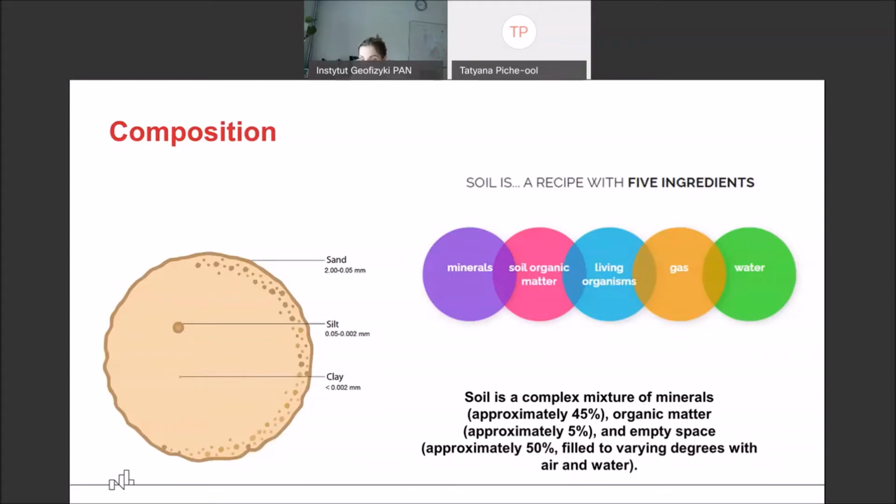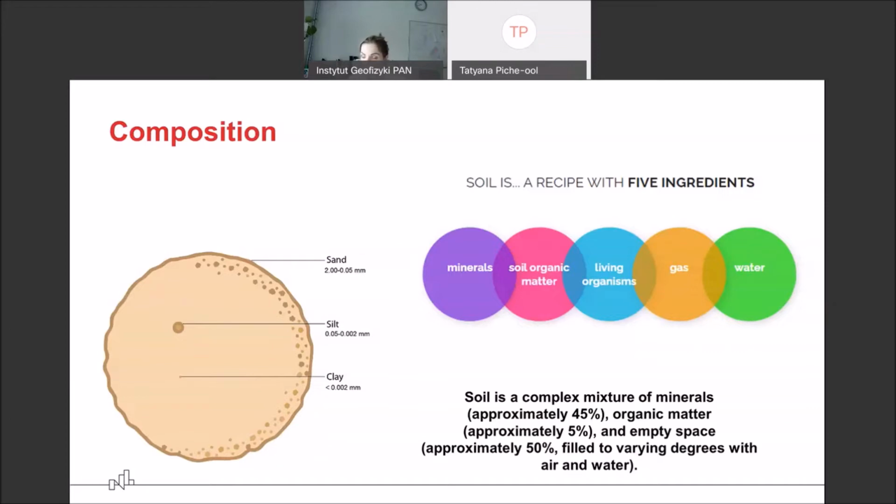So it's a sort of mixture, and the recipe is different in different soils, but in general, the minerals are approximately 45%, and the organic matter is about 5%. Actually, the empty space is quite large because it's approximately 50%, and this empty space without minerals or organic matter is filled with air and water mostly.